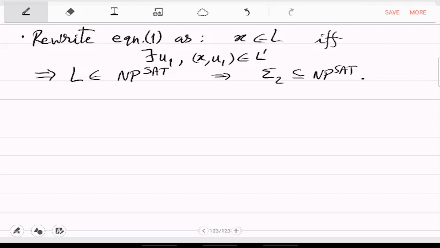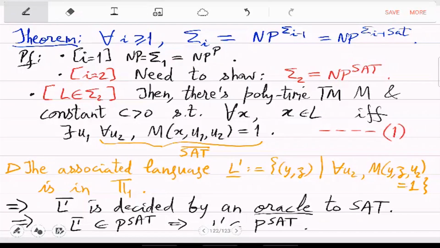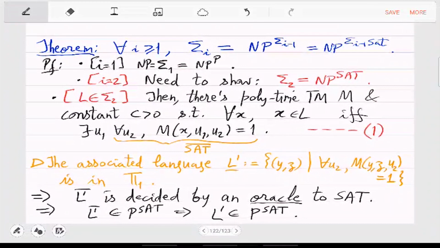The way in the last step what happened is that these choices for u1 that an NDTM will make and keep making calls to L prime, right, which is really SAT bar. So in fact we can write it like this. Yeah, these are the oracle calls to SAT.